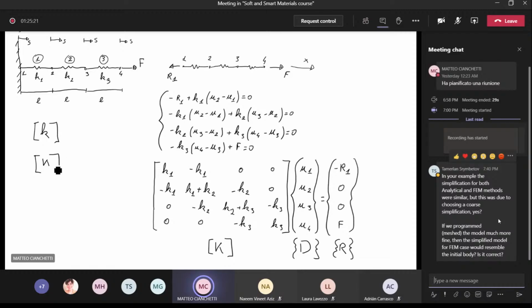K, capital letter, is usually the assembly, we are going to deal with assembly later on, of all the stiffness matrices of the single elements. So in a way, K in capital letter is collecting all the contributions of all the single lower case k that are the stiffness matrix of the element.